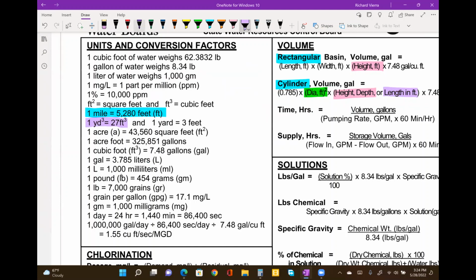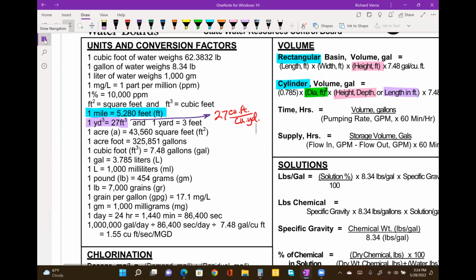So to write that a little bit more like the normal way that we use the conversion factors, 27 is the number of cubic feet per cubic yard. So we're going to divide the number of cubic feet by 27 to convert it into cubic yards.